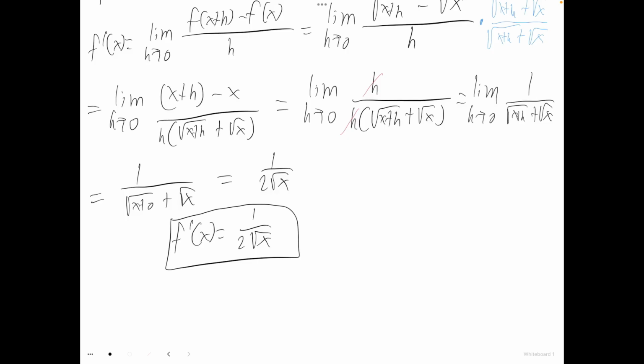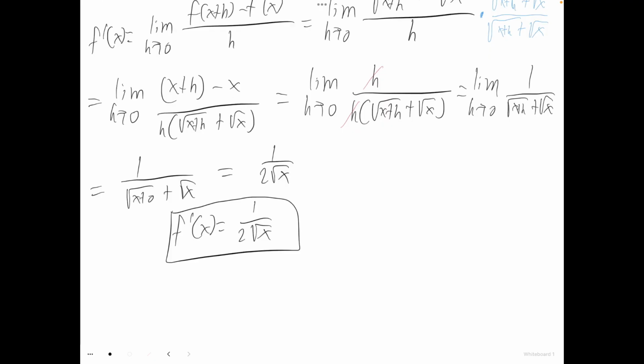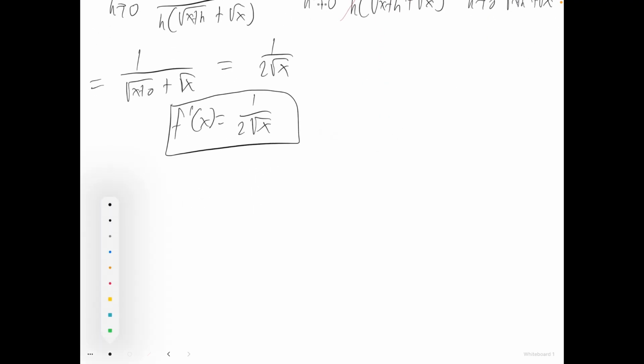Now one thing to note here is the domain of f prime is smaller than the domain of f. The domain of f of x equals the square root of x is 0 to infinity, including 0. But notice for f prime, that's not quite the case.